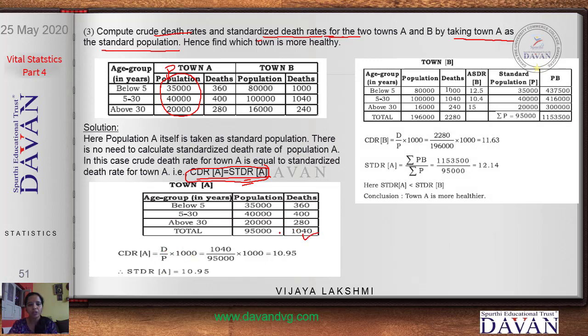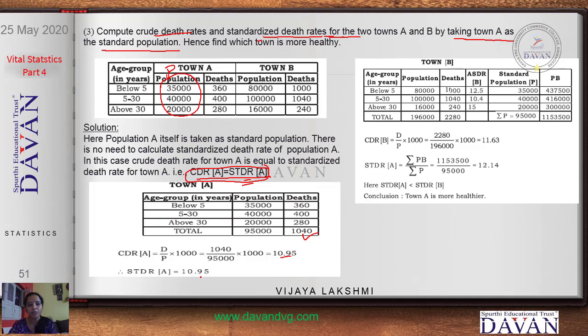So D is 1040 divided by 95,000 into 1000, and you get 10.95. Now this is the value of STDR also. If you want, you can cross-check this by actually implementing the STDR method. You again get 10.95. So directly I can write that STDR of A is equal to 10.95.